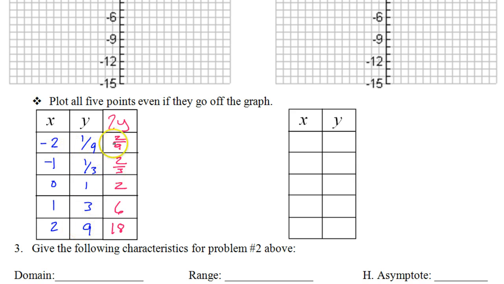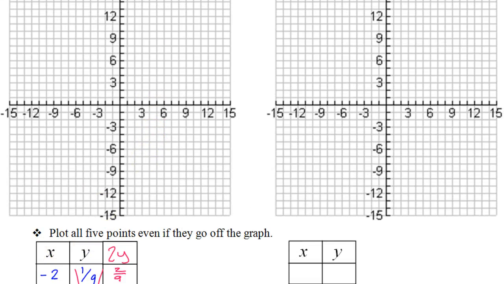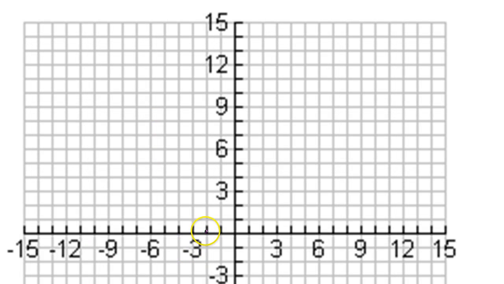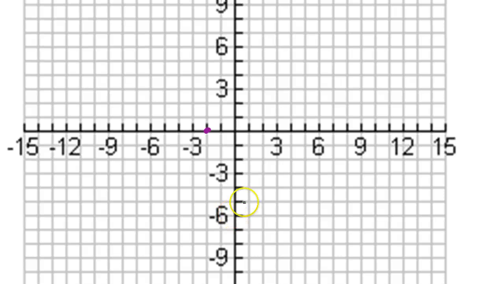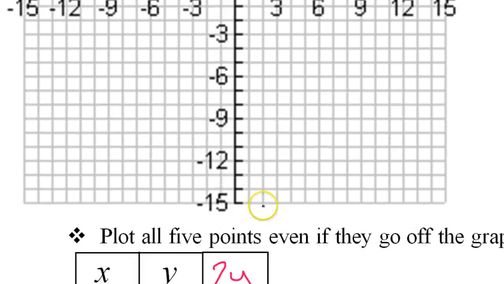So now, once we have the third column, we can really disregard the middle column. And we're just going to be graphing these. So -2, 2/9. That's going to be -2 and very close to 0. Okay, and then we have -1 and 2/3. Okay, it's going to be about here.